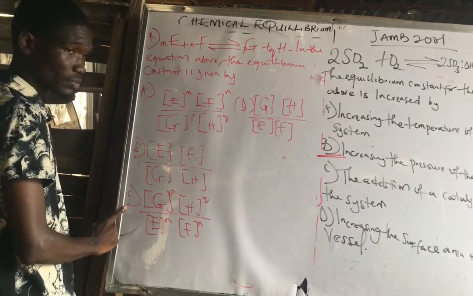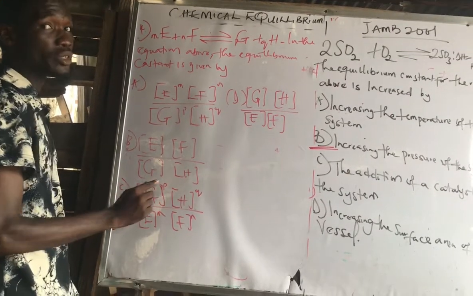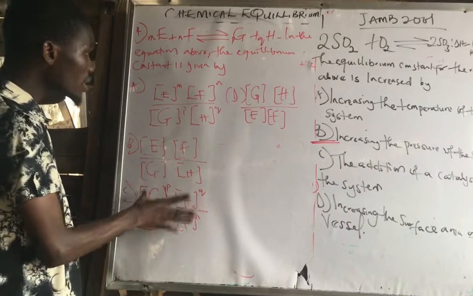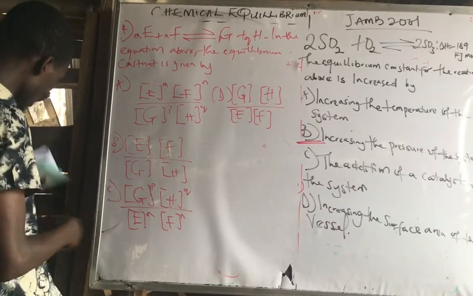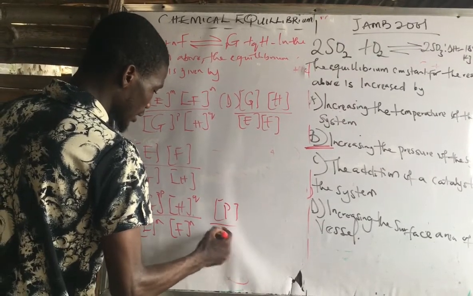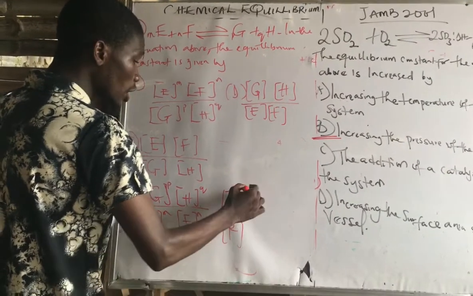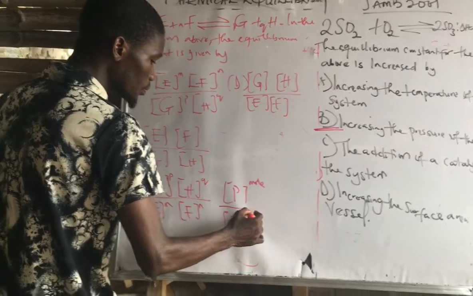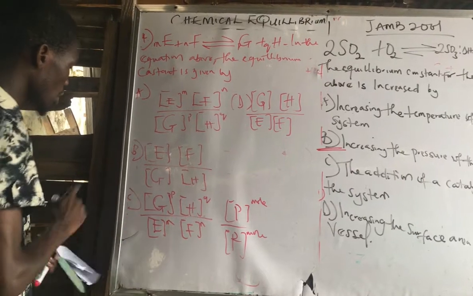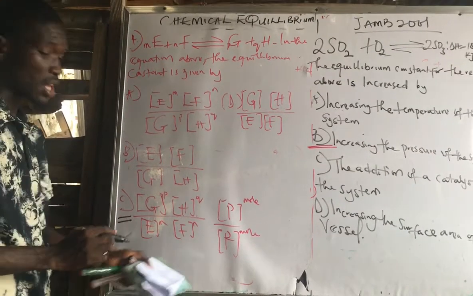C is similar to the example I cited when I was explaining the equilibrium constant. So what you have here now, this is my product divided by reactant with the number of moles. So C is your correct answer.